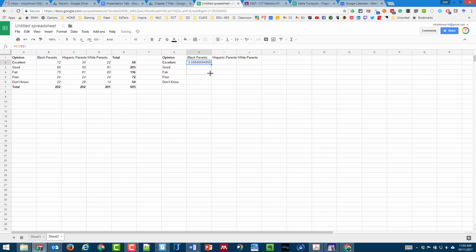Because of what I'm about to do, I locked it down to that row so it always divides that way. And that way when I reach over, all of these are divided by C7, all of these are divided by D7. So I locked the row and not the column. Not really important, as long as you understand that you are finding the percentage of opinions in each group.